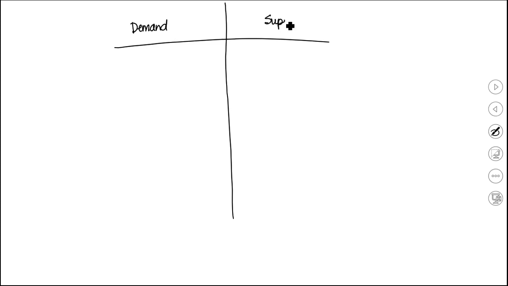And next class period, we're going to be doing supply and supply shifters. You need to create yourself a chart and memorize it. So number 1, we talked about preferences. Number 2, we talked about income. But remember, with income, you have to divide it into 2 kinds of goods, normal and inferior.